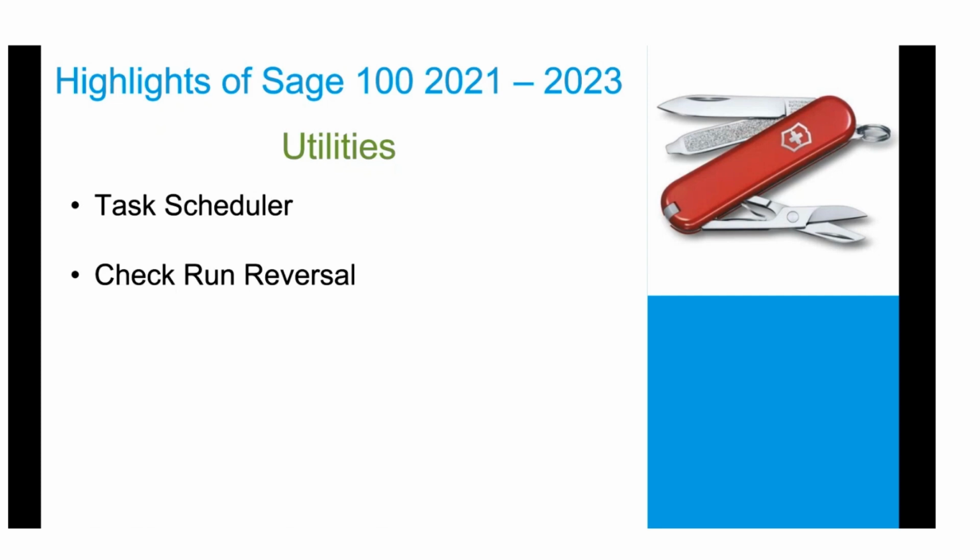We're going to show you this interface, but it's a really great utility for when the printer jams and maybe you inadvertently post that batch before you really look at the checks to see if they're all good. So it's another good example.